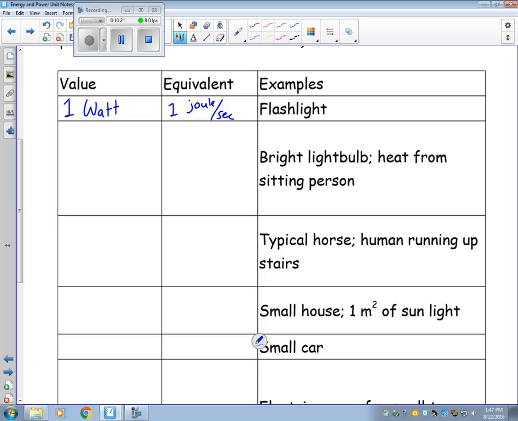If we compare that to a bright light bulb, let's say one in your house, or the heat from a person who's just sitting down, that would be 100 watts, or 100 joules per second. So that's something to think about. Your body's constantly producing heat to keep your core warm. So you have a power output of 100 watts without doing anything at all, which is really amazing.